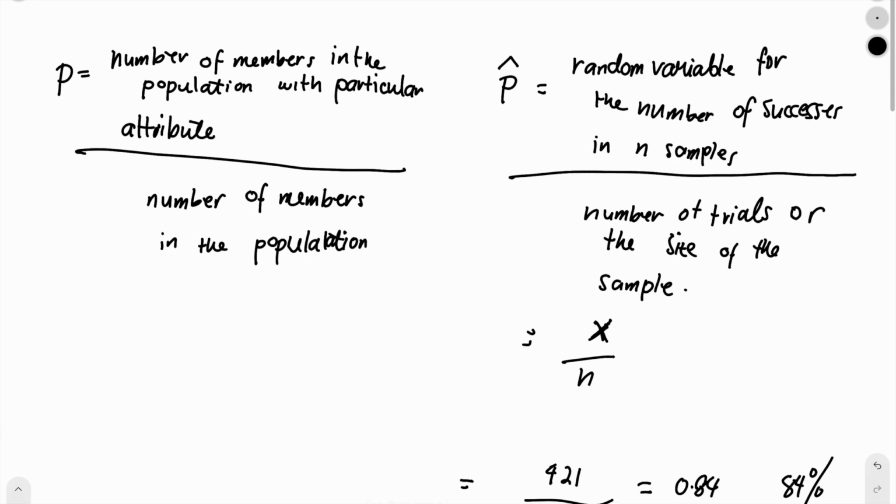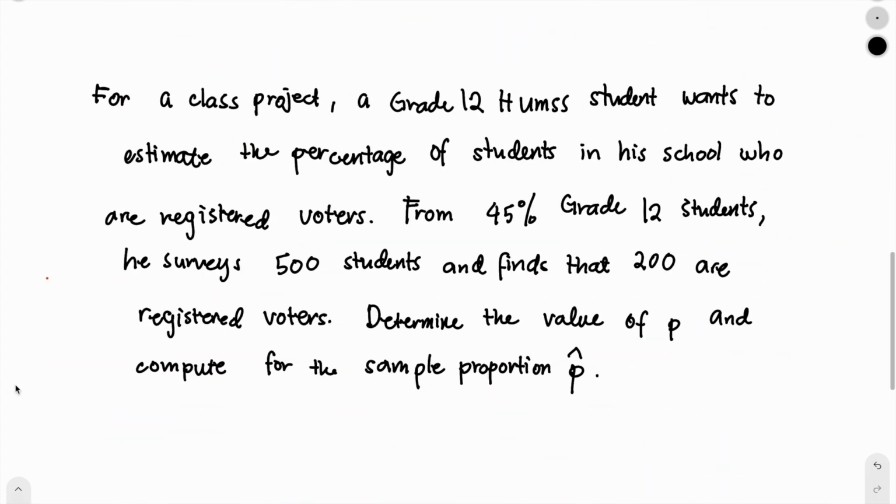Okay. Let's have another example here. For a class project, a grade 12 student wants to estimate the percentage of students in his school who are registered voters.